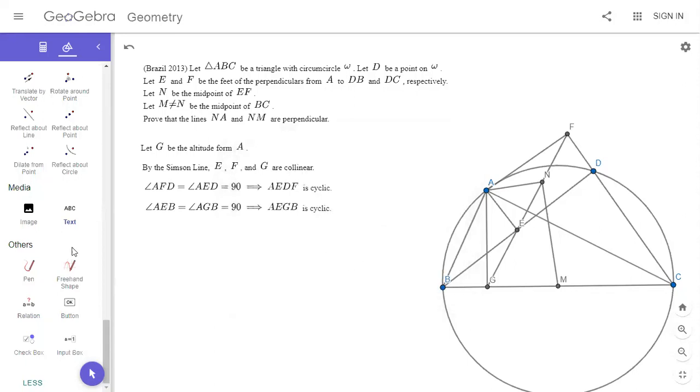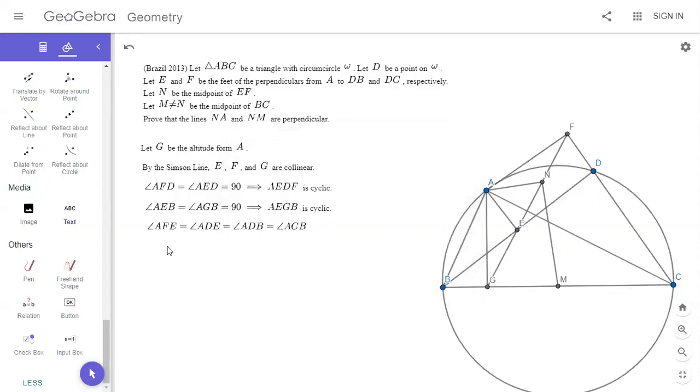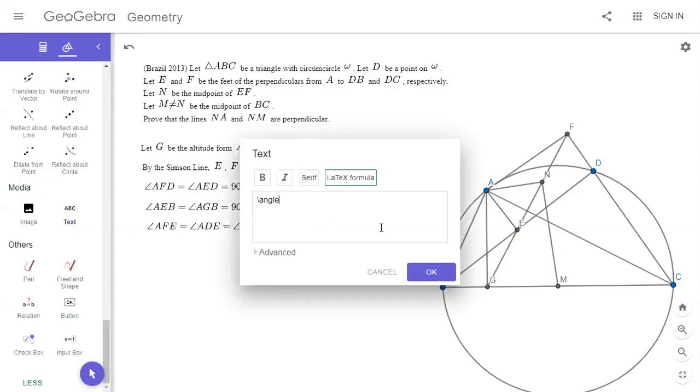And so basically we have angle AFE is equal to angle ADE is equal to angle ADB is equal to angle ACB. Similarly, angle AEF is equal to angle ADF is equal to angle ABC.